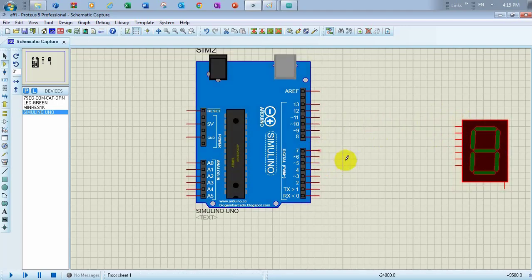We use resistors so that this component is not damaged. Before, we used the built-in resistance, but now we use external resistors.